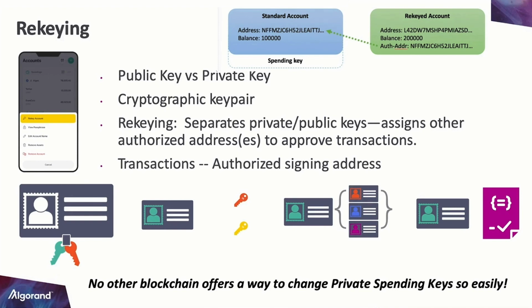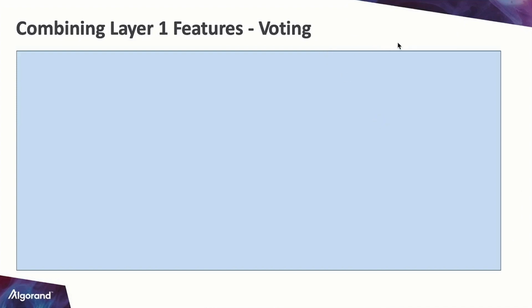You had to recreate another account, recreate another set of private keys, and it was a mess. Now you have the ability to do that, and you can see the authorized address field on the upper right, now wired into that standard account for the spending key. All right, so that's the intro on accounts, signing and rekeying.